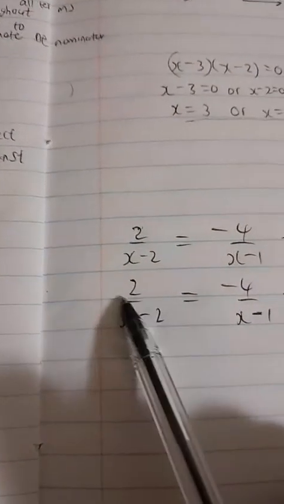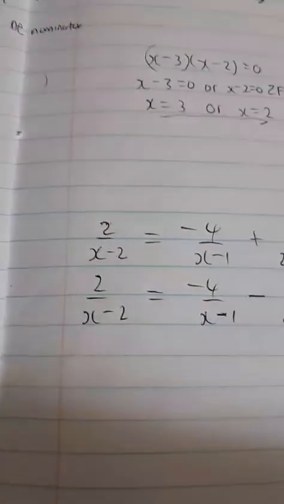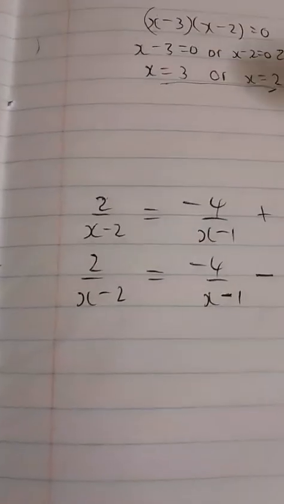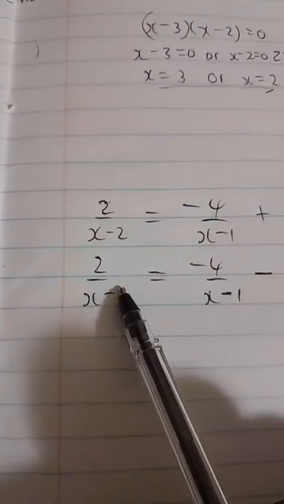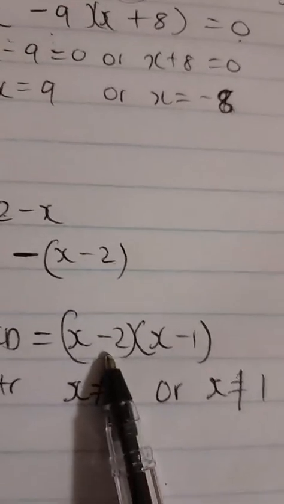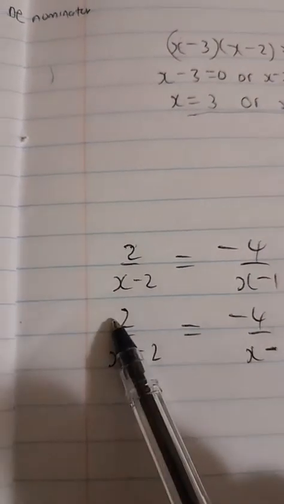Now, I am not going to write that multiplication. I'm simply going to reveal what comes out of multiplying by the LCD for the first term. Let's look at just the first term alone. When we multiply by x minus 2 and x minus 1 in brackets, we are actually multiplying as if they are in the numerator.